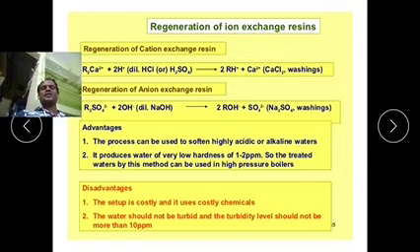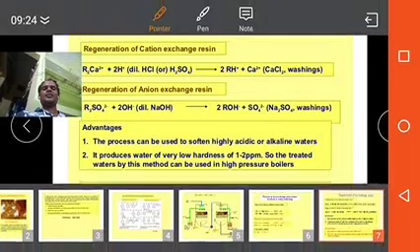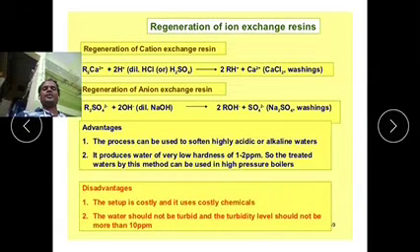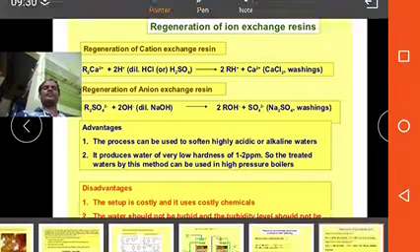Disadvantages: the setup is costly and it uses costly chemicals. The water should not be turbid, and the turbidity level should not be more than 10 ppm.